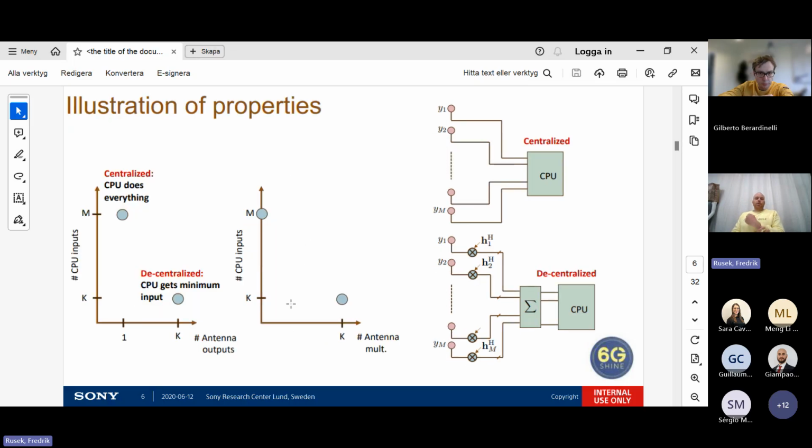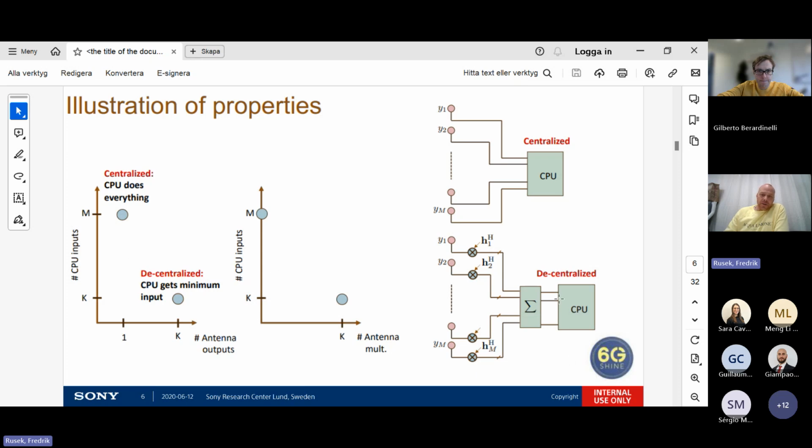So if we then plot what we just had in the table, the left-hand side here is how many outputs per antenna we have, and how many inputs to the CPU we have. The conceptually simplest receiver has one output per antenna, and then the CPU has M inputs.